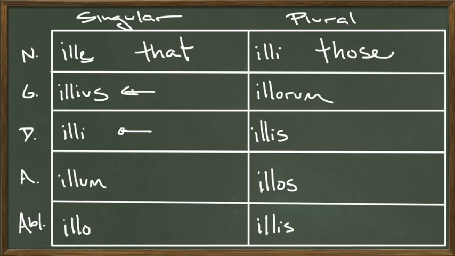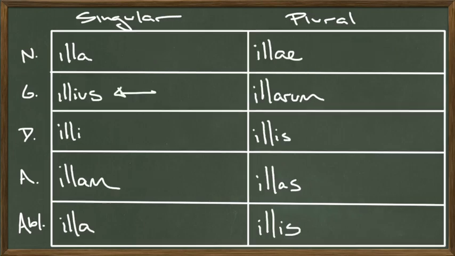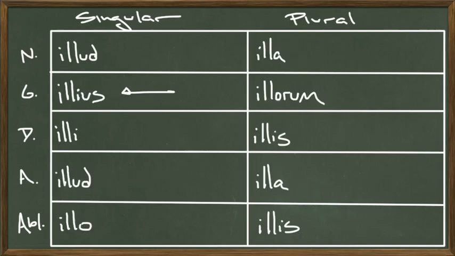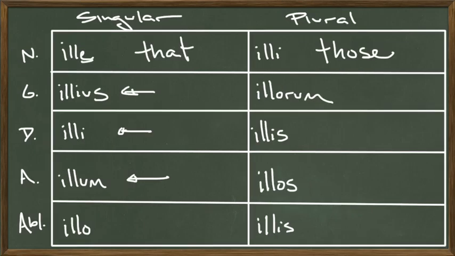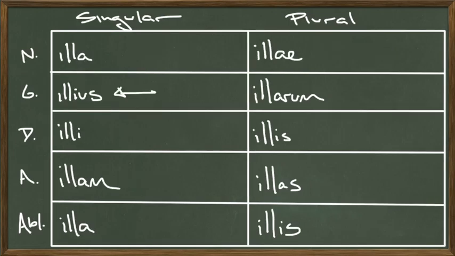In the accusative, we have illum. It is not the same all the way through. In the feminine we have illam, right here. And in the neuter we have illud, right there. Alright, back to the masculine ones. In the ablative we have illo. It's the same in the neuter, but it is different in the feminine.